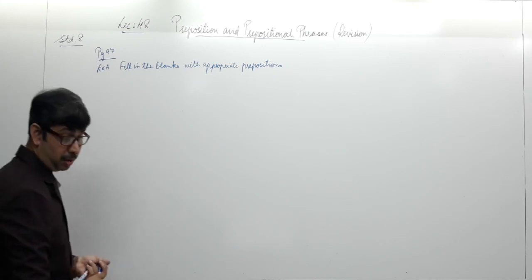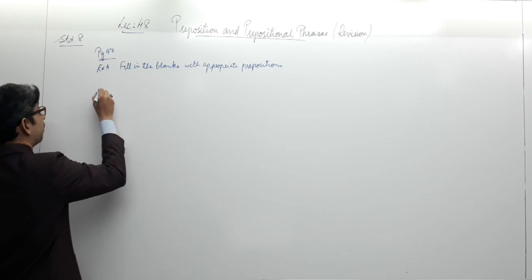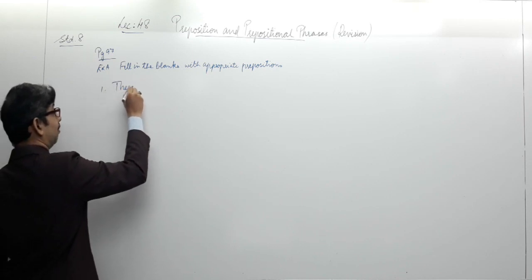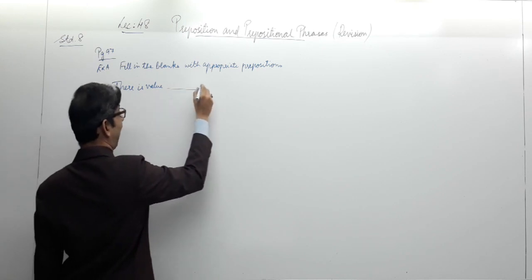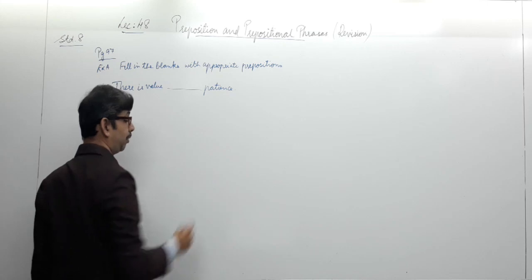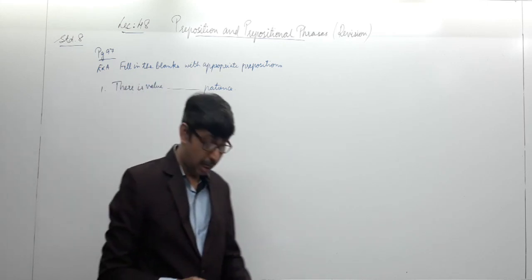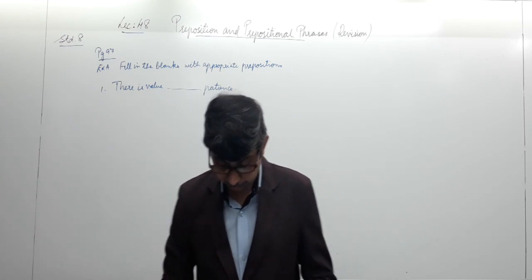The first one, as you see, there is value dash patience. You have to be very careful while choosing an appropriate preposition word over here.